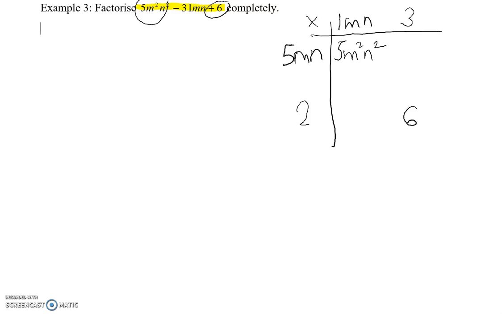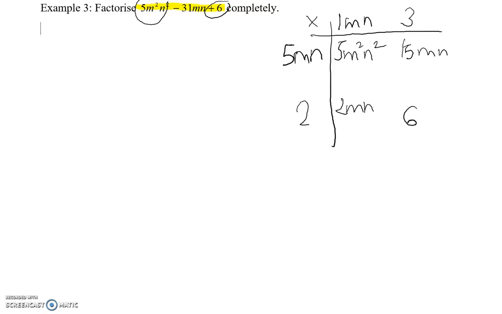Now, let's try to multiply to get the remaining terms. 5mn times 3 gives us 15mn. Next, 2 times 1mn will give us 2mn.